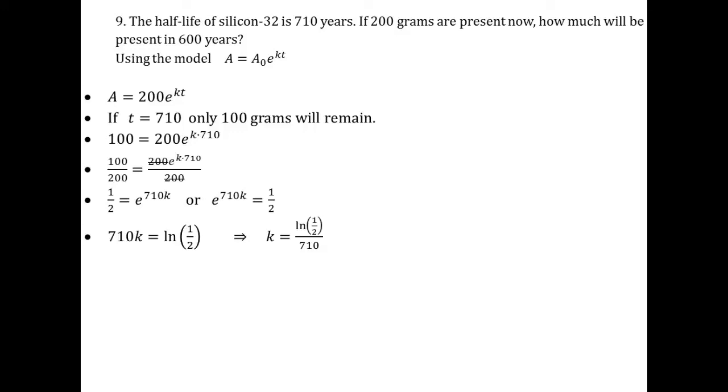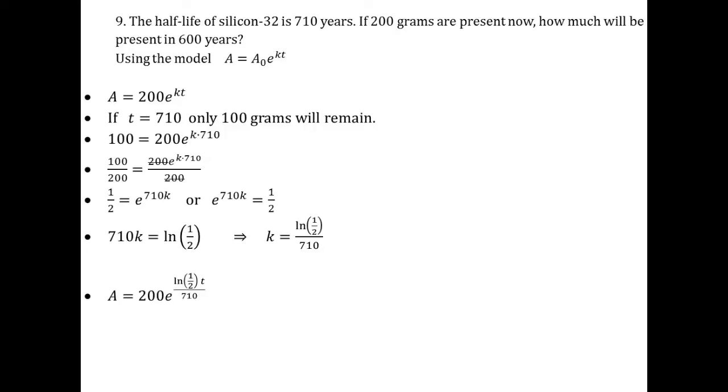So we get that k is equal to, by dividing by 710, the natural log of 1/2 over 710. So now we're going to take this value and plug it in for k in our model. And then we'll be able to determine the amount left. So plugging that in for k, it leaves us with a kind of complicated looking formula.